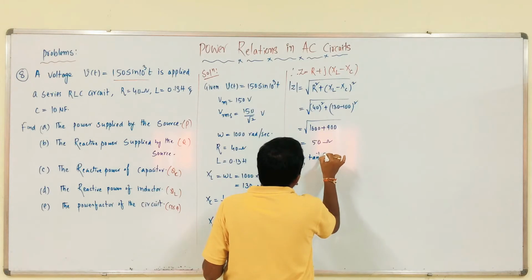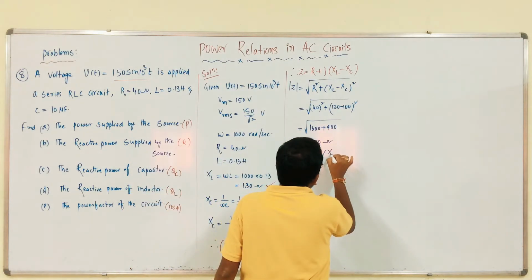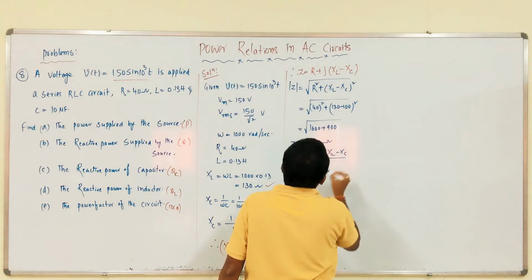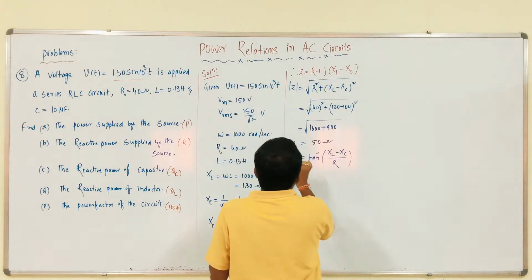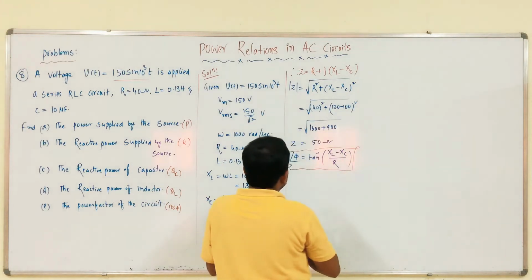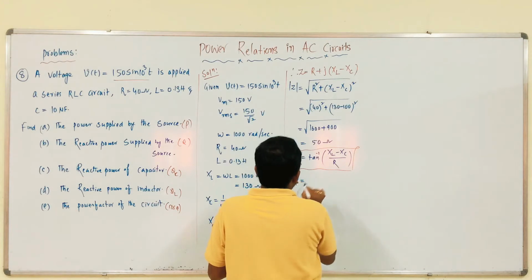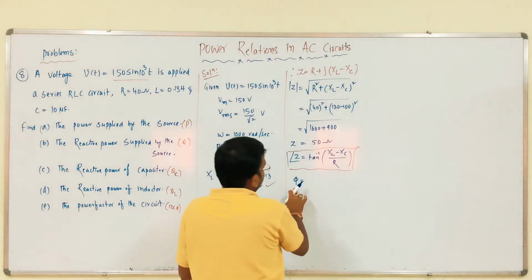Therefore, the angle of Z is tan inverse of XL minus XC by R, since XL is more than XC. This is the angle of Z, that is phi.